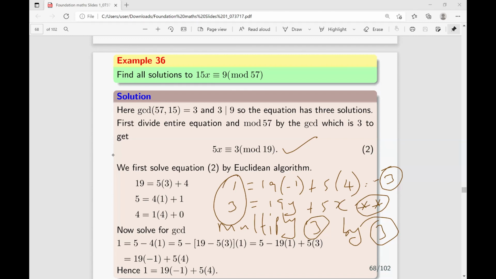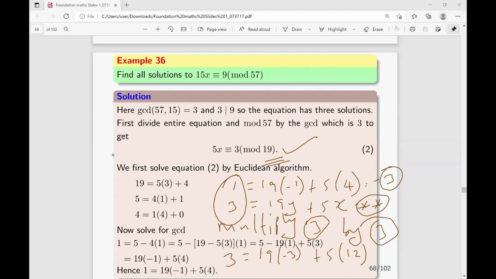So when I multiply equation 3 by 3, the left side has a 3, and the right side has 19 times -1 times 3, which gives you -3, then plus 5 times 4 times 3, which gives you 12, mod 19.